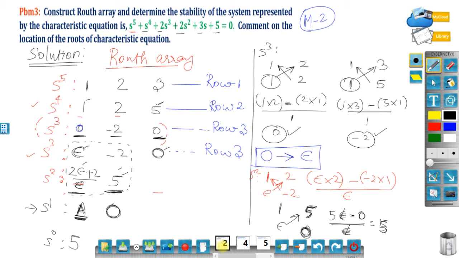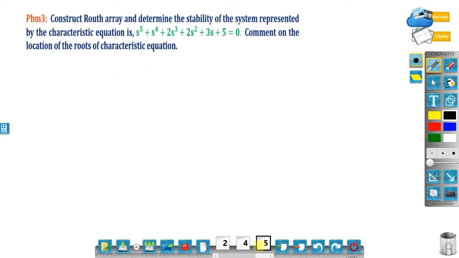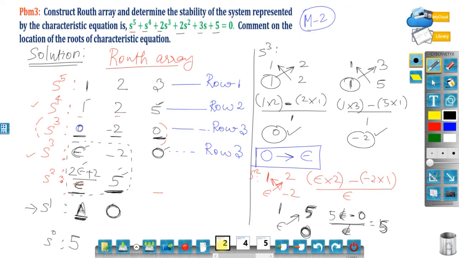In order to safeguard our route array equation from the 0 entry, we substituted eta instead of 0. We have constructed this route array. Okay, this is a temporary route array. What you have to do is construct the real route array. I mean, in the previous route array you substituted eta instead of 0. Now again you substitute 0 instead of eta, and the original route array will be obtained. Okay, you can get the original route array, right?